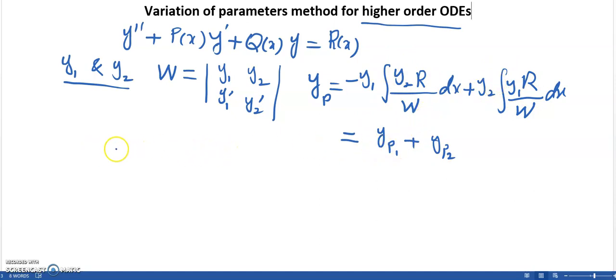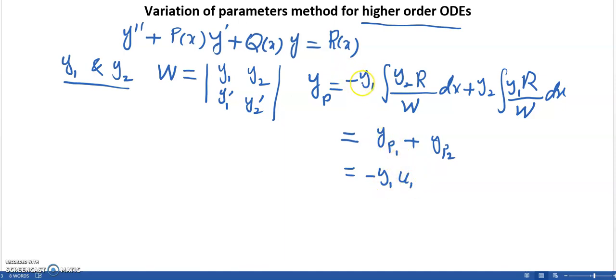In this case, yp1 I can write as minus y1 times u1.